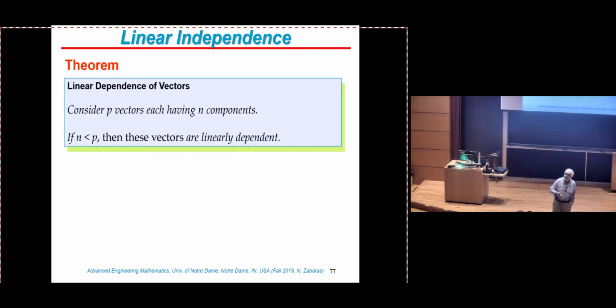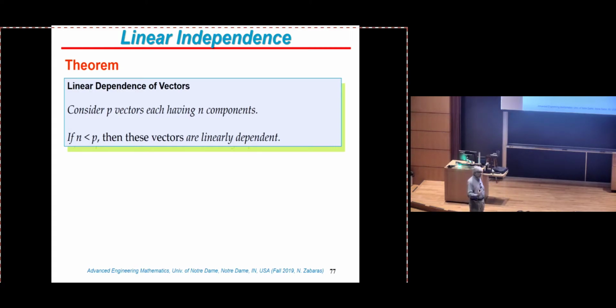The answer is no, right? Because in 3 dimensions, I only have 3 independent vectors, okay? So if I give you 4, they must be dependent on each other, okay?